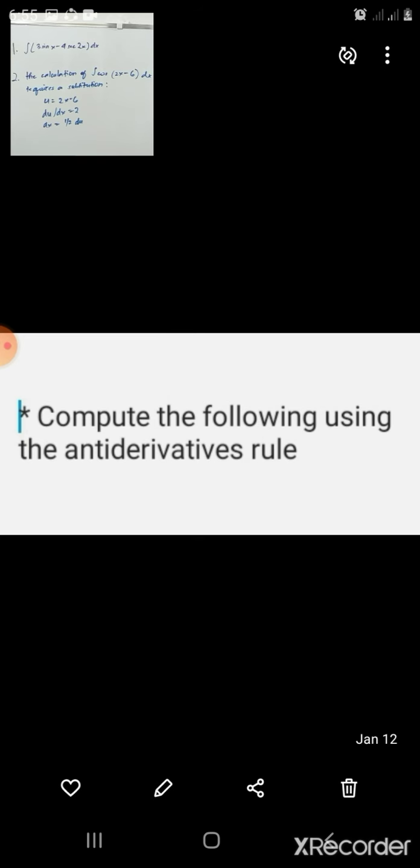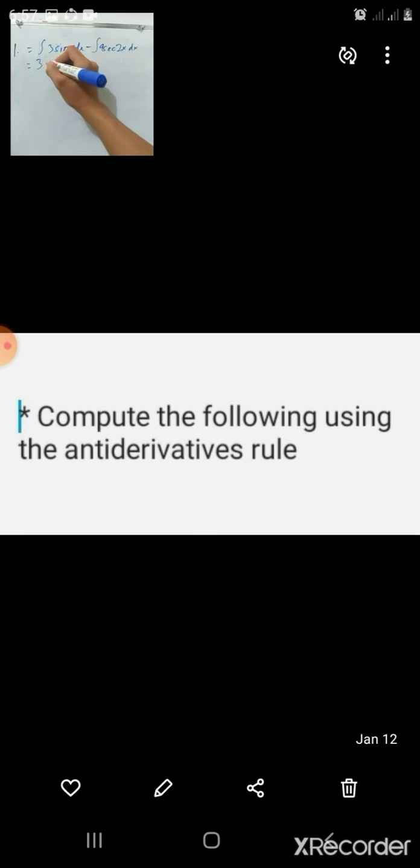Let's check your answers. For number 1, this is the property of integrals, right?